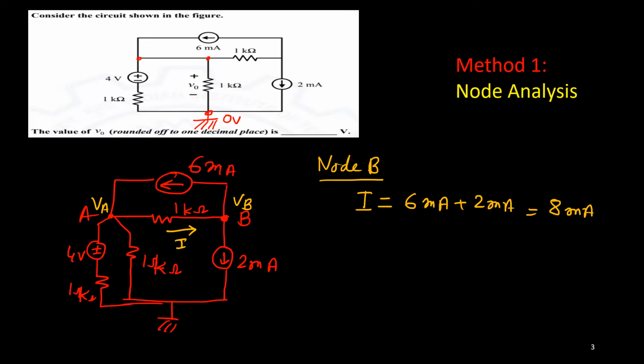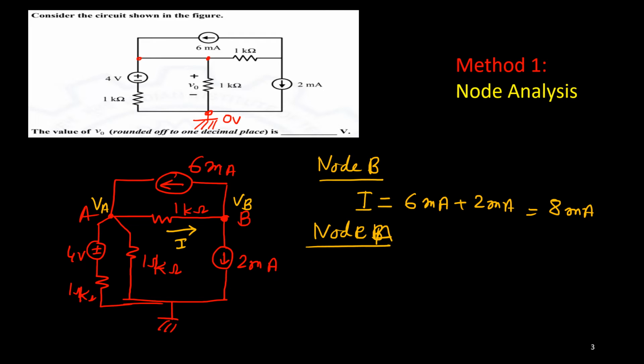Now consider node A. Sorry, I considered node B, now node A. The current through this branch is VA minus 0, and through this one it is VA minus 4. We can consider this in a different way.